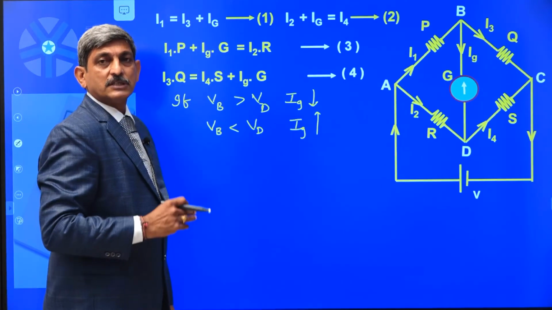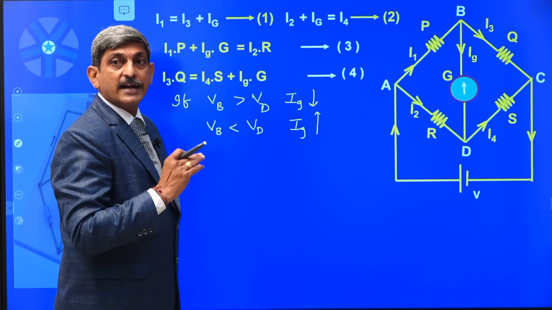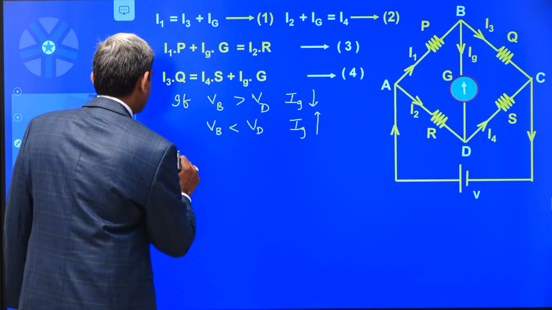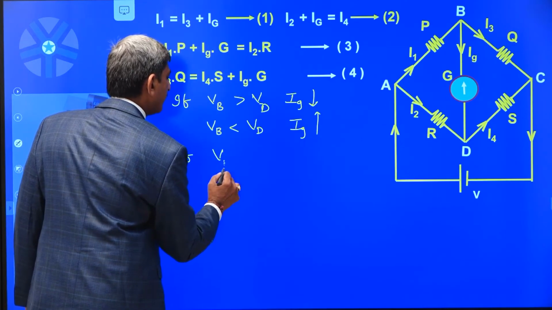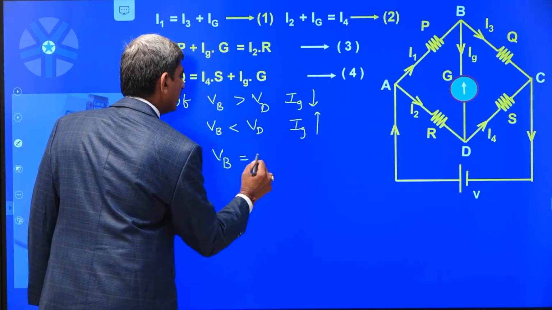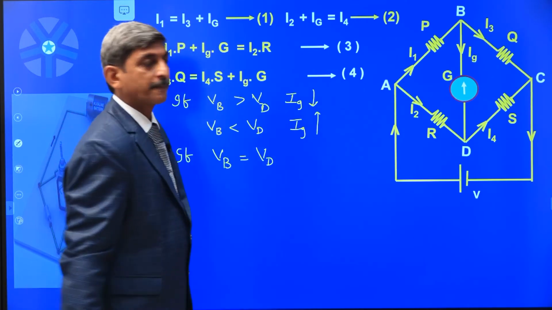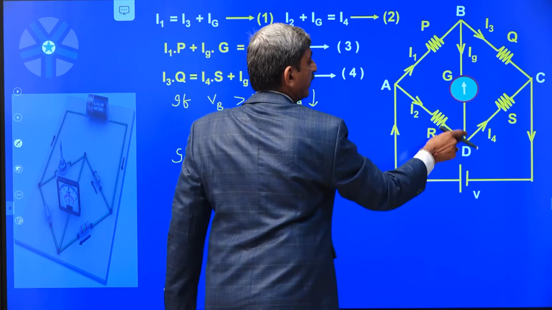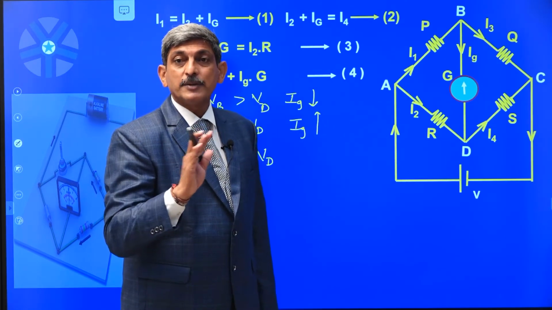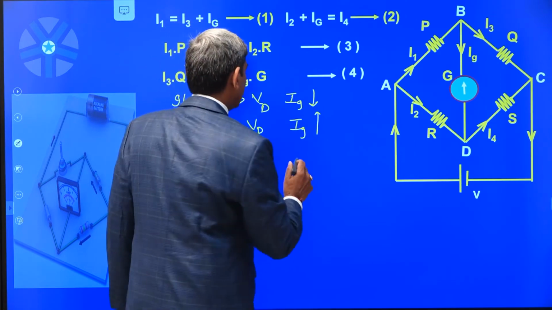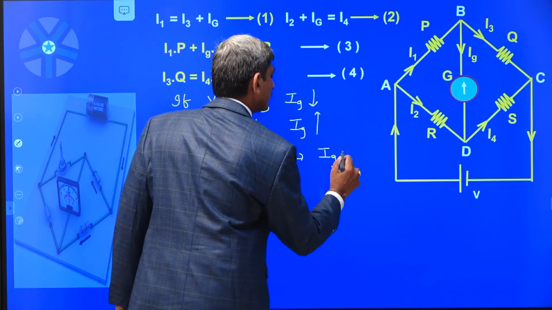Suppose the resistance values P, Q, R and S are chosen so that the potential at point B is equal to the potential at point D, then what happens? Point B and point D are at same potential, then there is no current passing through the galvanometer. It means Ig is equal to 0.